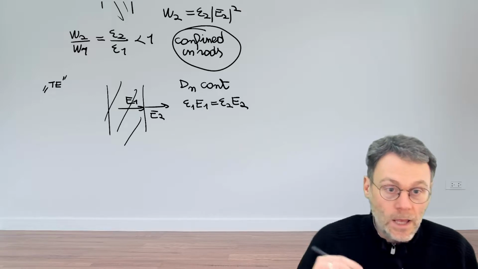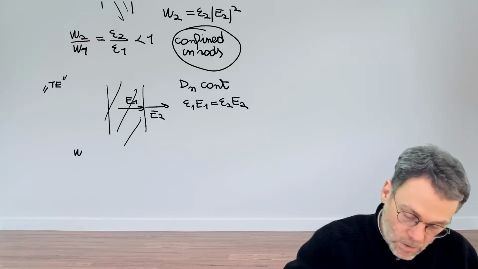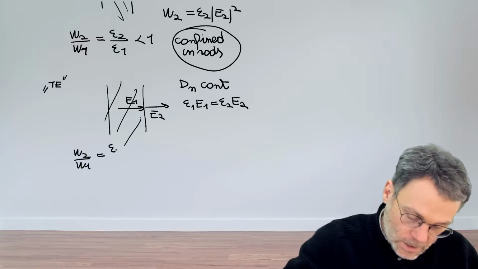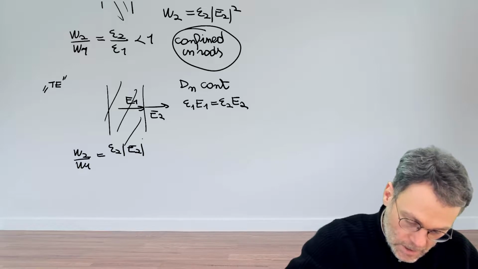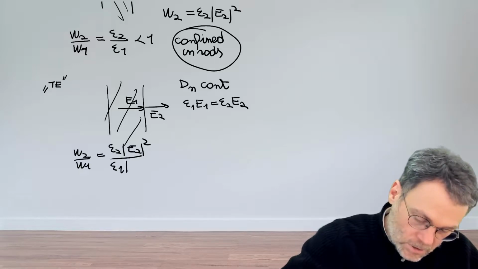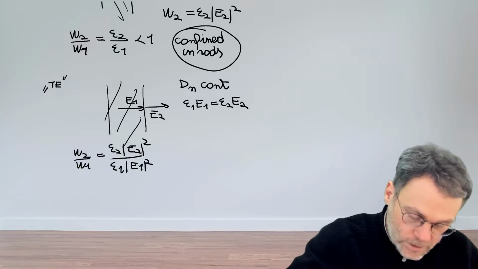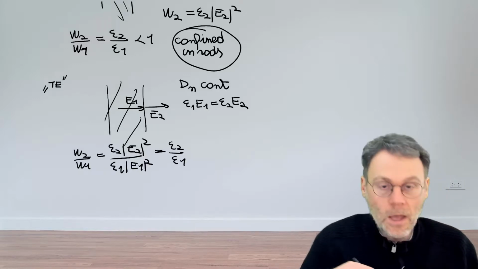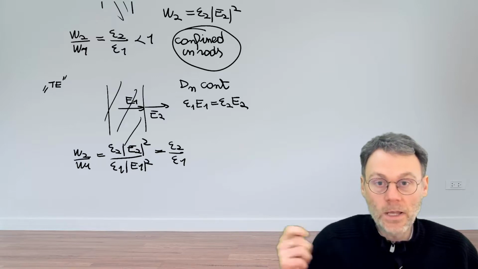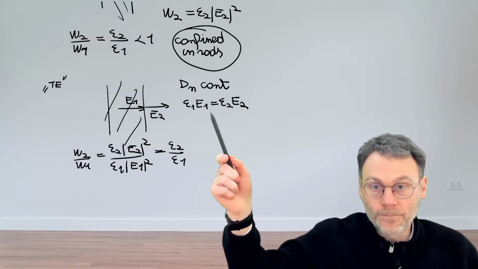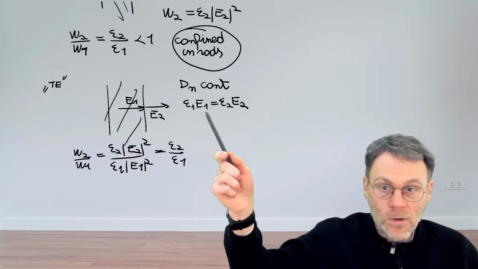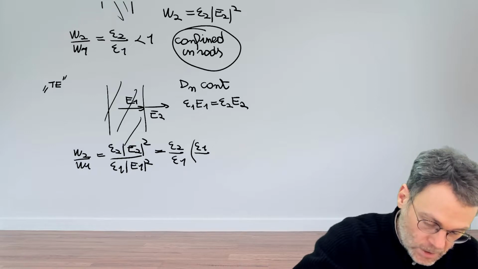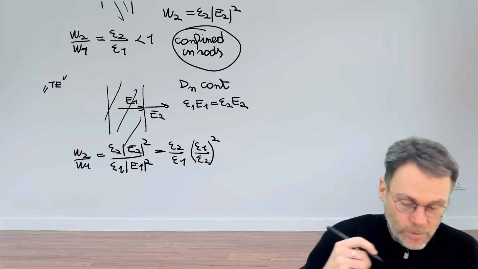So now, if we calculate the ratio of W2 to W1, that's going to be epsilon 2 E2 squared over epsilon 1 E1 squared. So this is going to be epsilon 2 over epsilon 1. But if we take the ratio E2 over E1, that's going to be epsilon 1 squared divided by epsilon 2 squared.